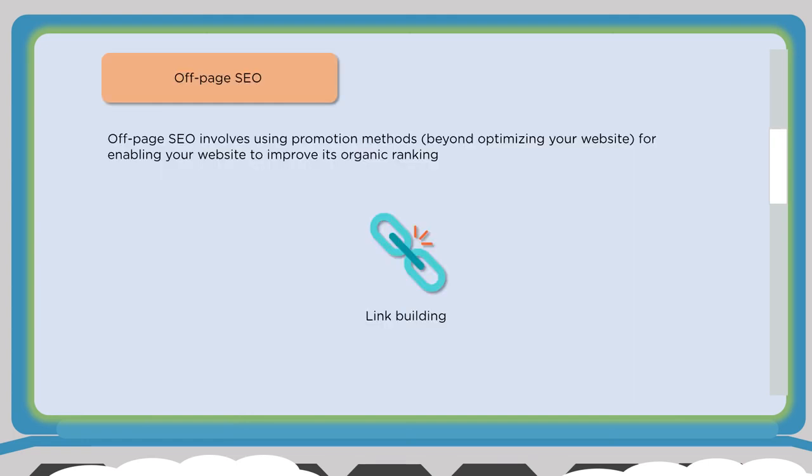So that's on-page SEO, and now we're going to look at off-page SEO. Okay, so off-page SEO involves using promotional methods beyond just optimizing your site. For example, optimizing your title tag and meta description might not be enough to get you to rank for that coveted keyword query. So we need to do some link building. We need to get our name out there on other websites.